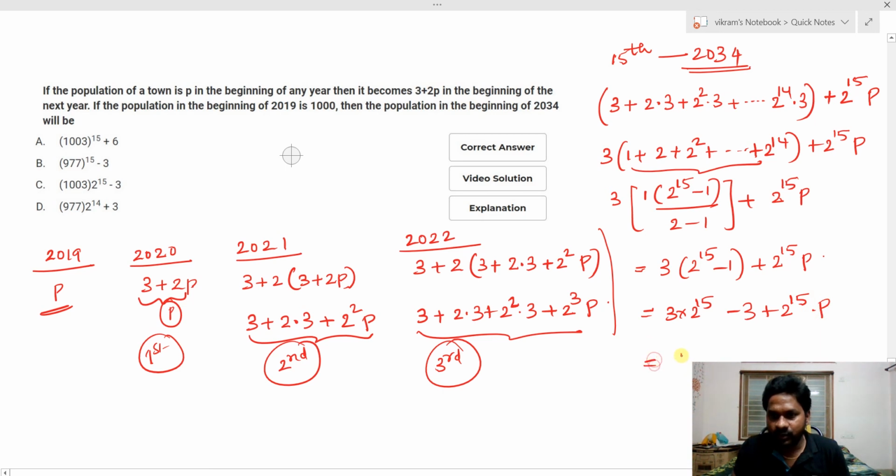And if we take 2 power 15 as a common, then we will get p plus 3 times of 2 power 15 minus 3, where p is given as 1000 in the 2019 year. Then we can write this as 1000 plus 3 into 2 power 15 minus 3. Then the solution, finally we are getting, is 1003 into 2 power 15 minus 3.